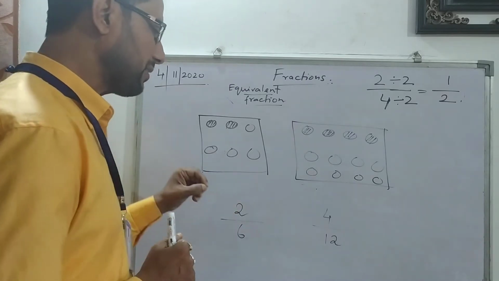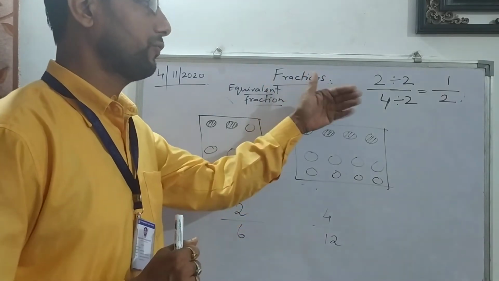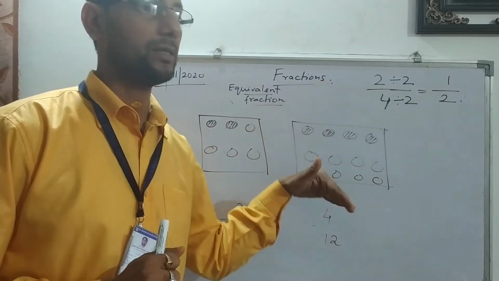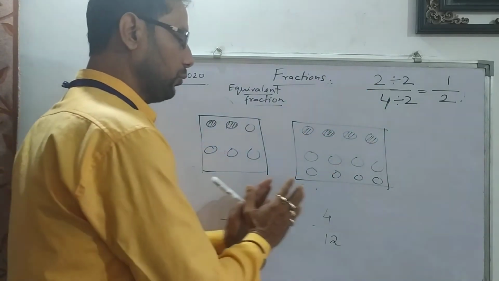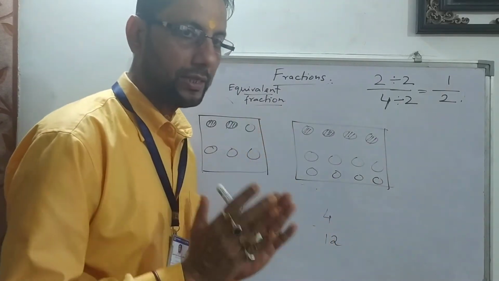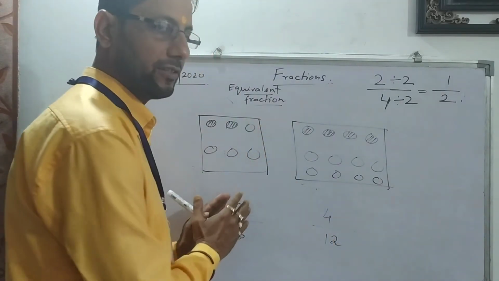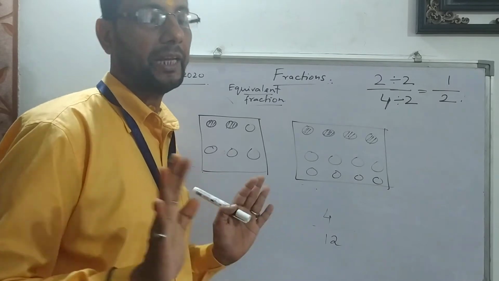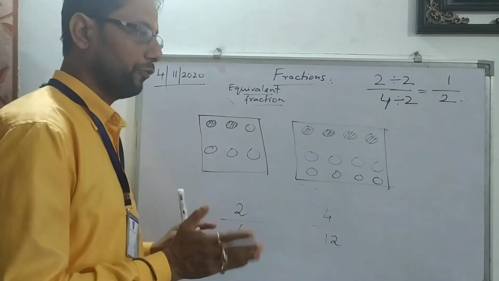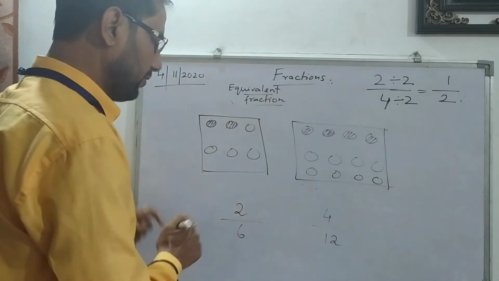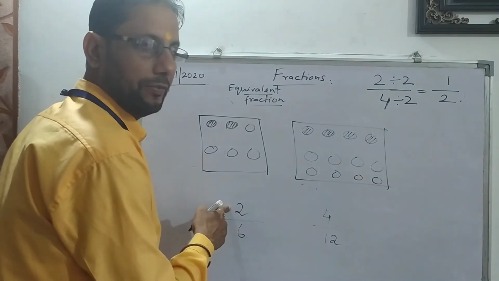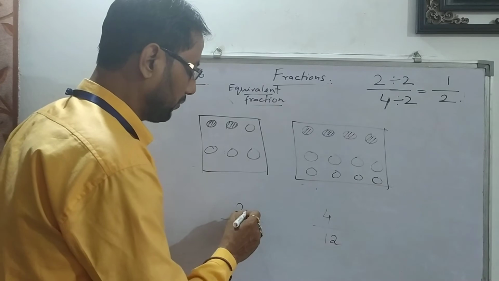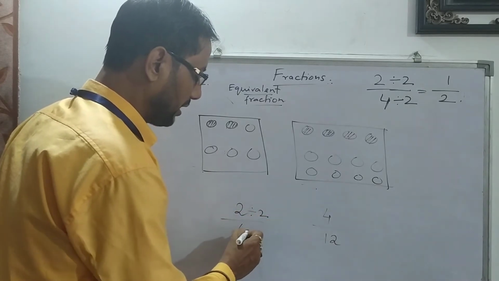Now to express this in equivalent, as we have discussed in the previous question, if I express these two fractions in lowest term, then we will be able to find. So the first way I am discussing: both have the common factor 2. This is divisible by 2. This is also divisible by 2. Divided by 2, here also divided by 2.